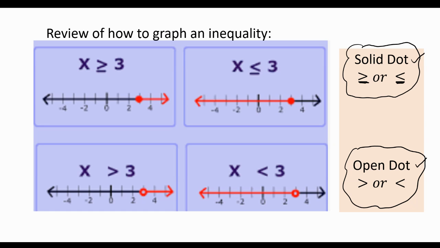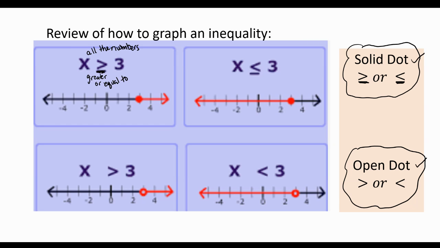The other thing I like to teach is how to read your actual problem. So the X, we say all the numbers, not just X. We say all the numbers, and in this one it would be greater than or equal to, because it has that extra line.